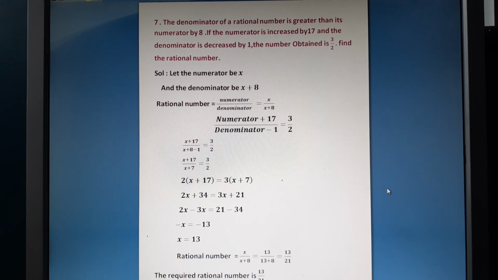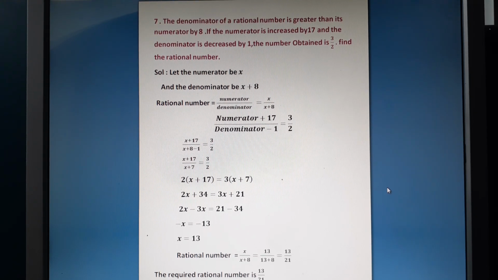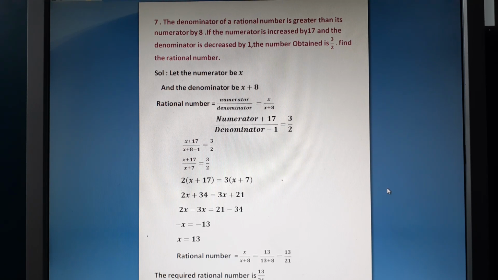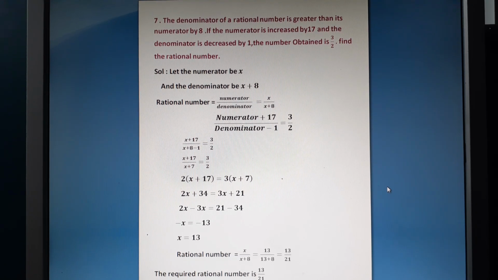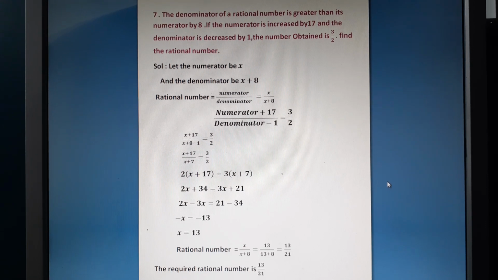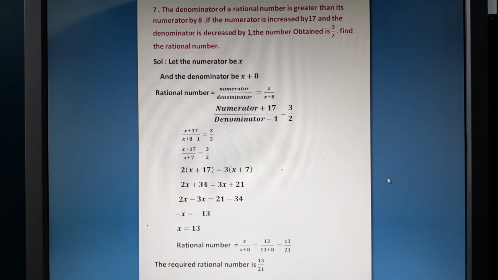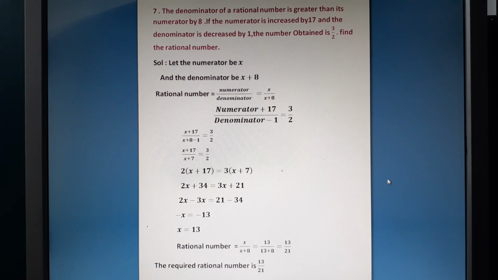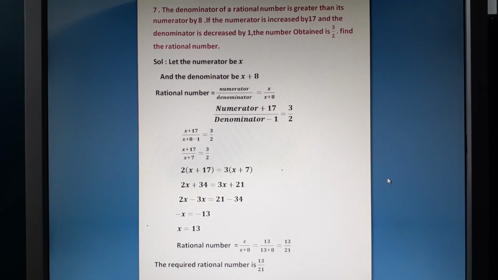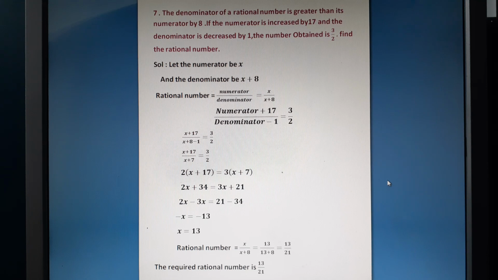This is given in your question. Here, our numerator is what? x. So, put x for numerator. x plus 17 divided by denominator, which is x plus 8, so x plus 8 minus 1, is equal to 3 by 2. x plus 17 divided by x plus 7 is equal to 3 by 2.